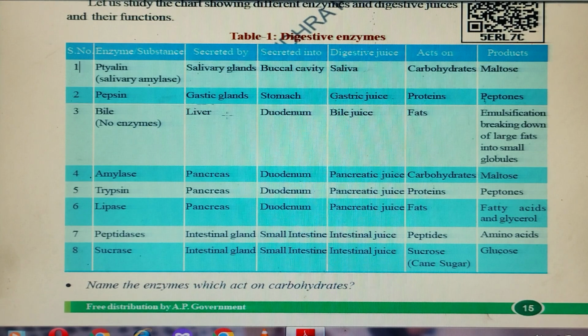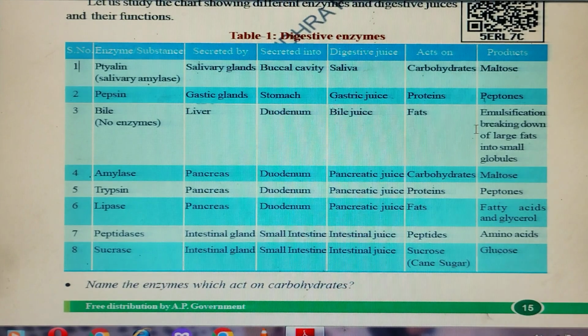This liver is located near the duodenum, and the liver produces bile juice without any enzyme, and this bile juice acts on fats. This is also very important for a 1 mark question: what is emulsification? Emulsification is the process of breaking down large fat molecules into small globule-like structures.